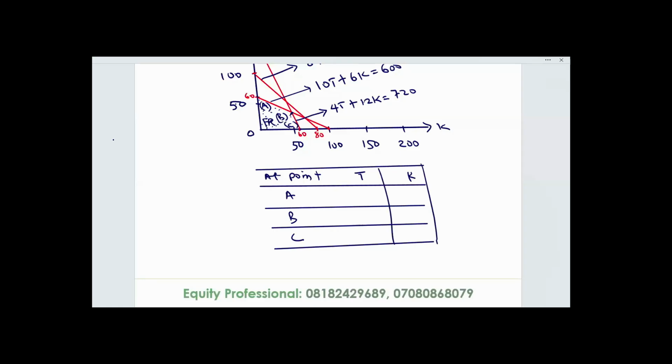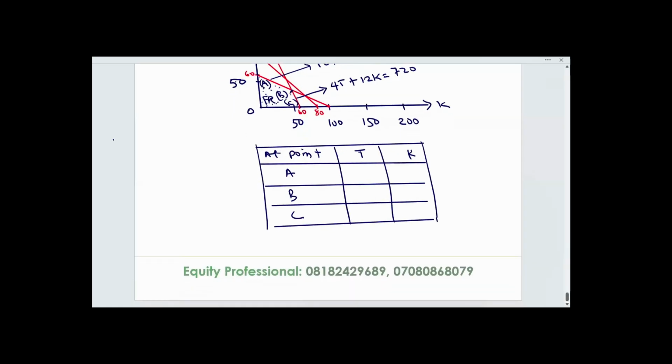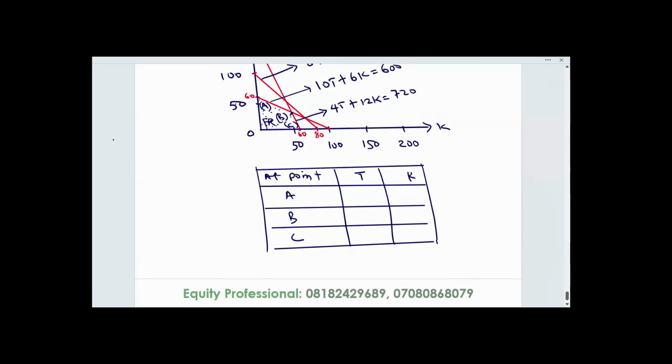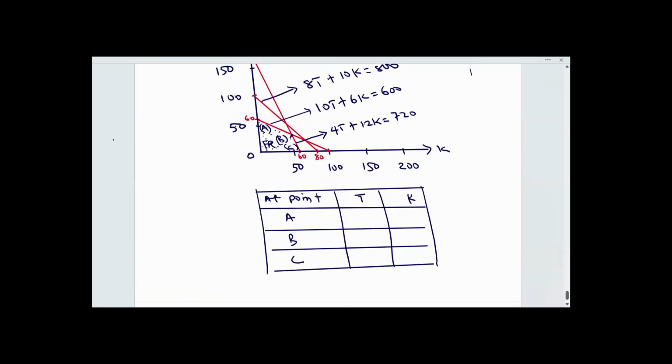We're almost there. We can't complete the question today. Now at point A, the value of T is 60. The value of K, traced down, is 0.